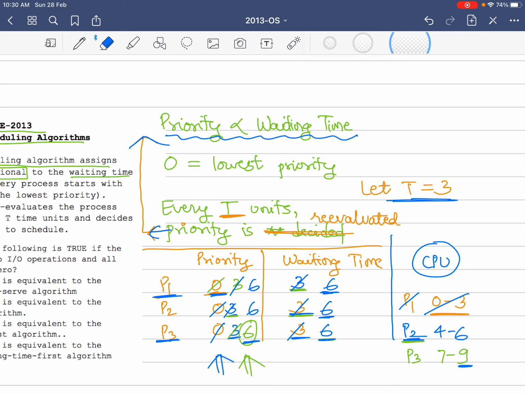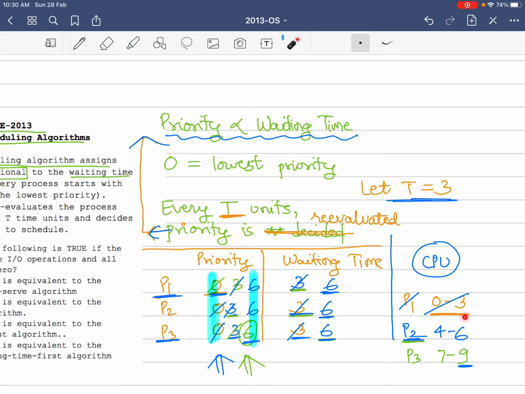If you carefully observe these priorities, 6, 6, 6, it is exactly equivalent to the initial priority 0, 0, 0. Whatever we started with, 0, 0, 0, we are again back to that with 6, 6, 6. Thus, what is going to happen in the next iteration is the same.